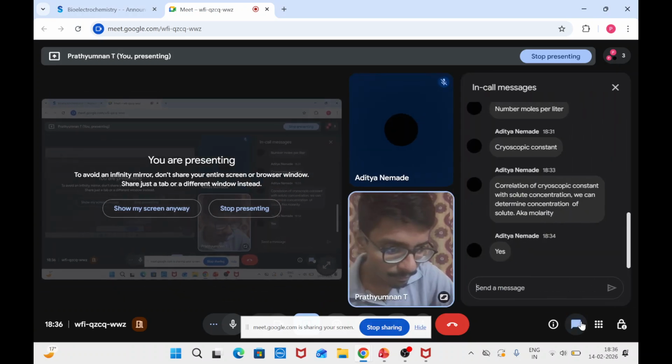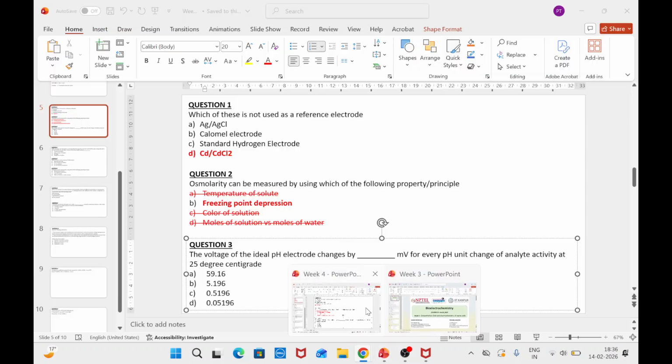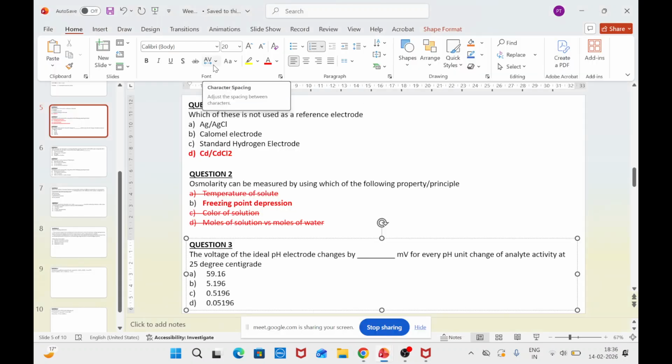Try to write the equation first, then substitute that in the EMF Nernst equation.